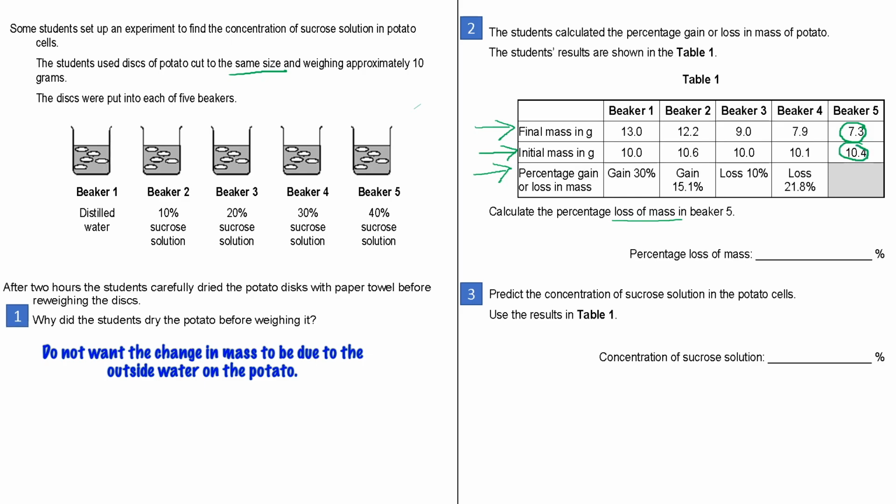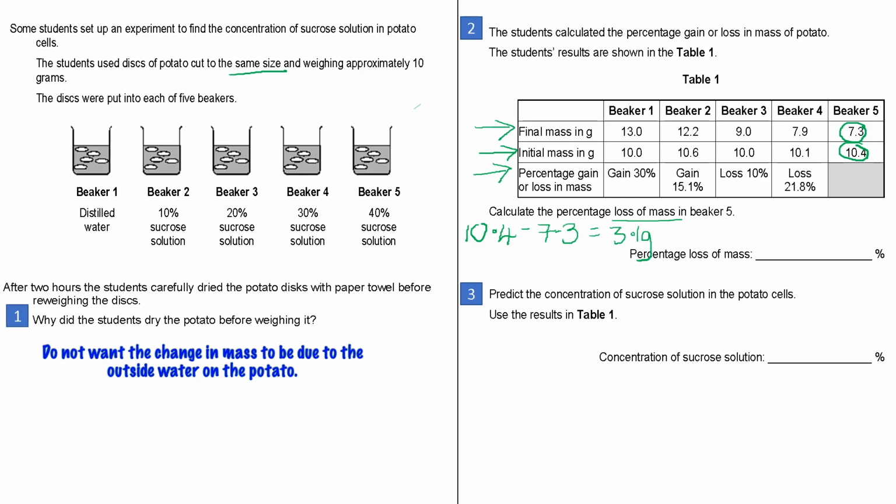So to work out the change, we do the starting mass, which was 10.4 grams, take away the final mass, which was 7.3 grams, and that gives us a change of 3.1 grams.